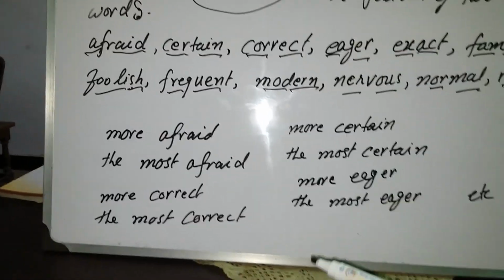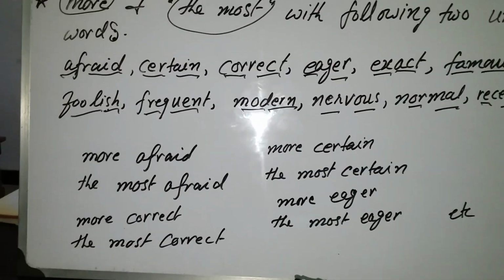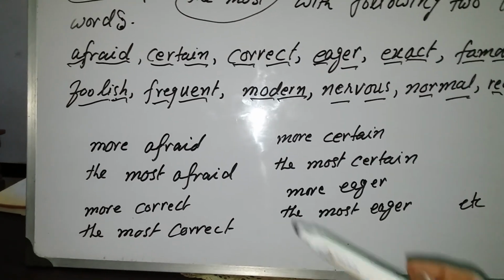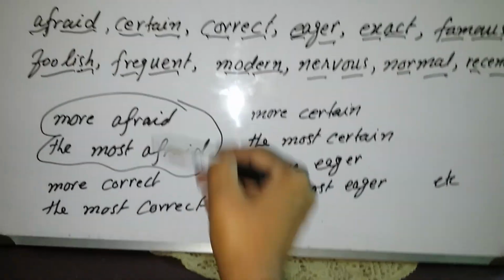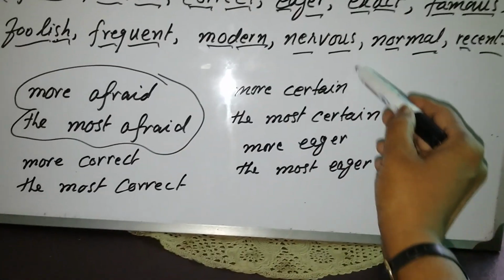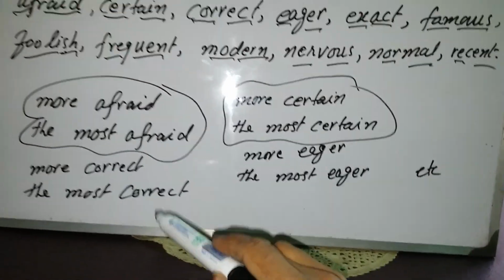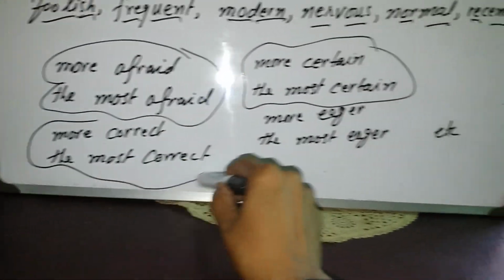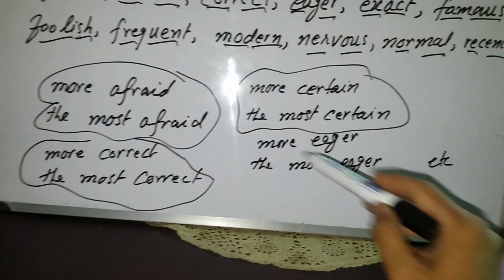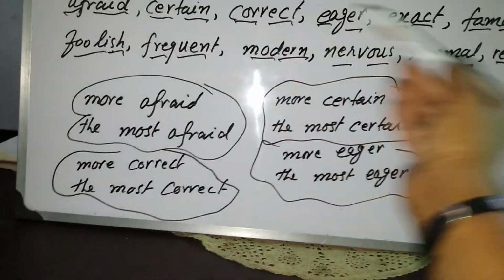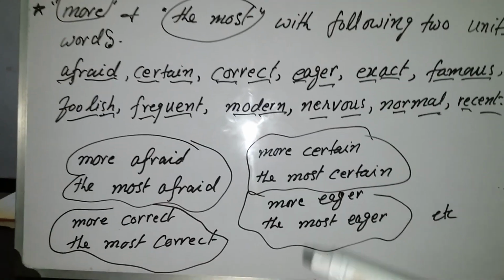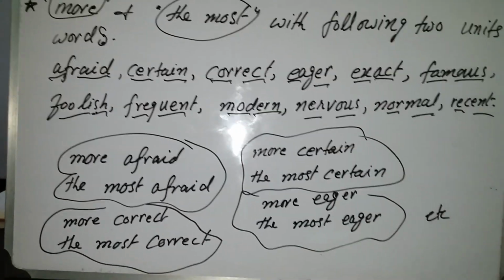Now these are all 2 unit words, and you will use more and the most before them for converting them into second and third degree or comparative and superlative degree. Examples: more afraid and the most afraid, more certain and the most certain, more correct and the most correct, more eager and the most eager, etc. Similarly, you will convert all these 2 unit words into second and third degree by using more and the most before them.